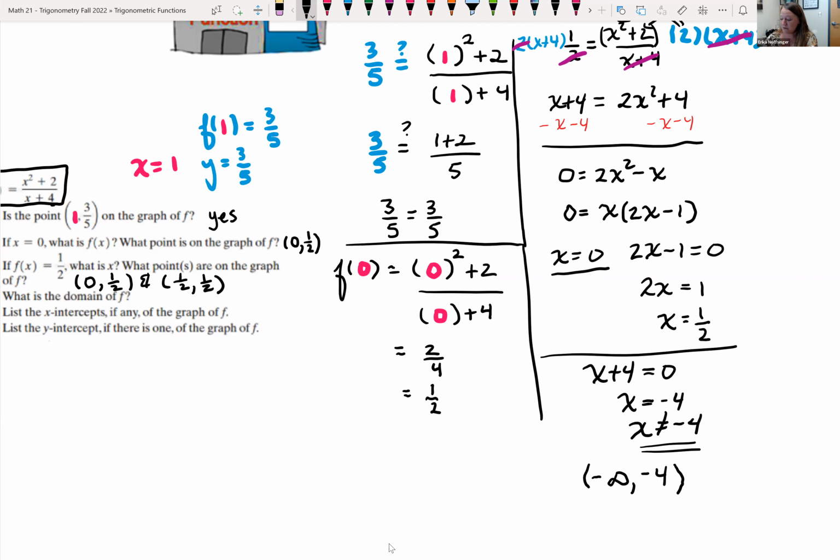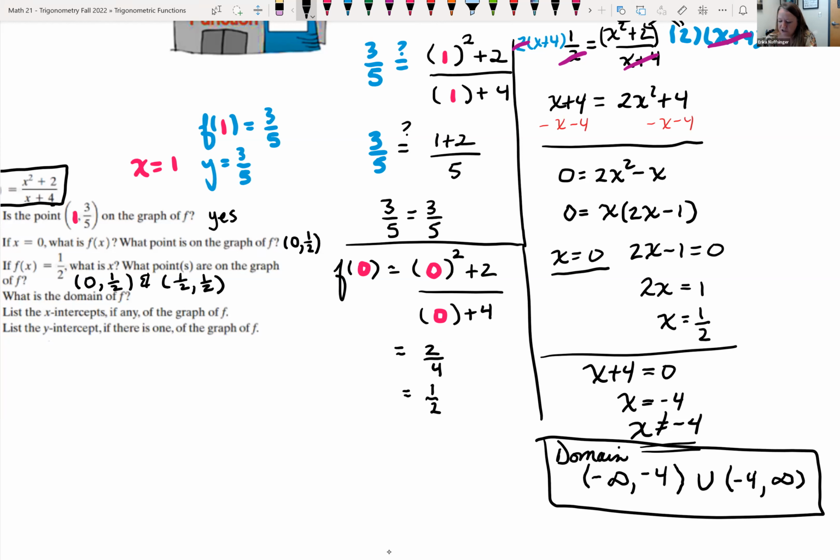So there's an infinite number of things getting very close to negative 4, but not getting there. Plus union, we're looking at all the values from negative 4, not including, so parentheses again, to infinity. So this would be our domain of that rational function.